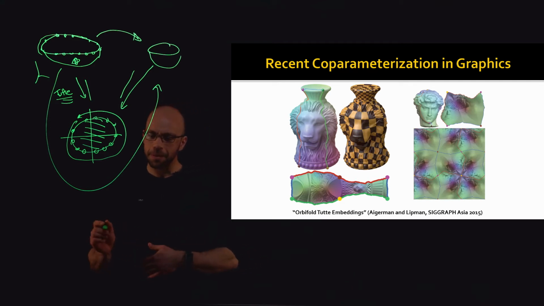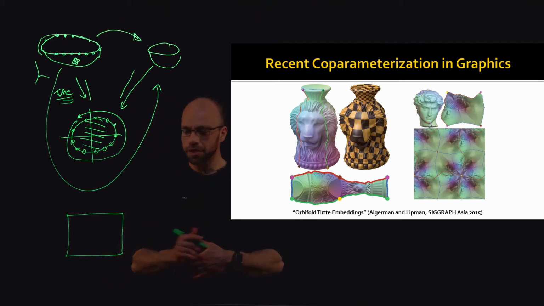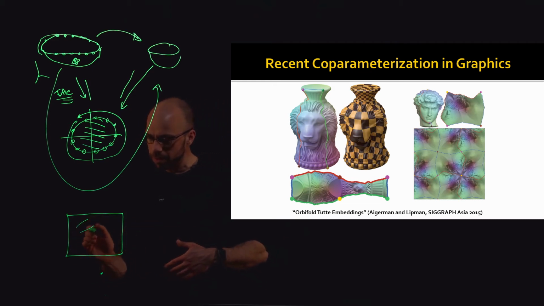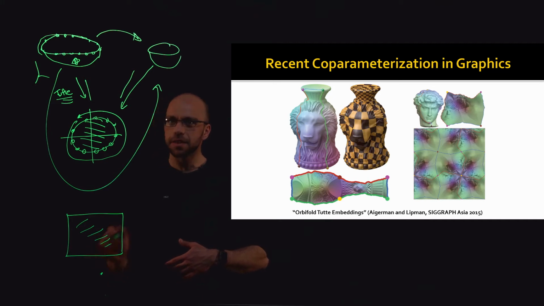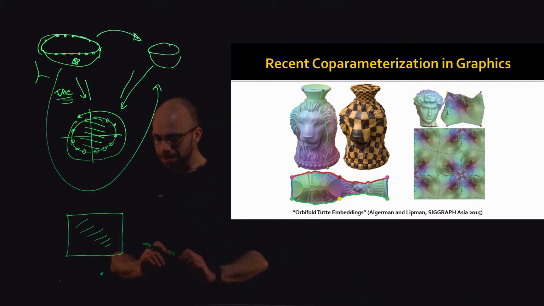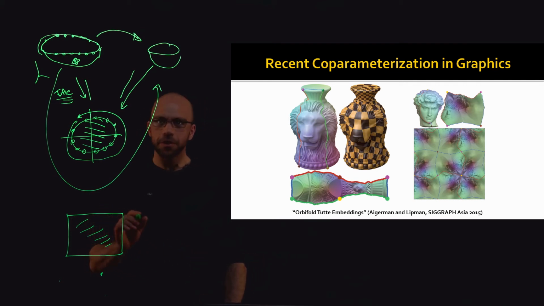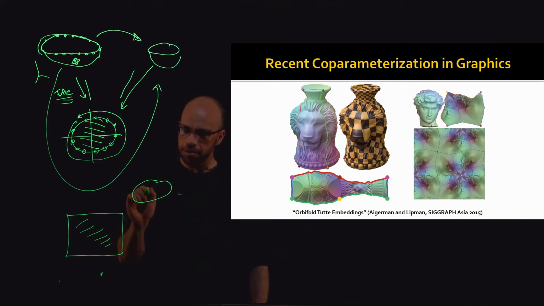So for example, here's one simple one. Let's say that I have a rectangle like this. And now I'm going to add boundary conditions. If I think of this as some region in the plane, and I just ignore all of the space outside of the rectangle, then in topology, we can do some really crazy stuff. Like we can glue things to each other. So for example, let's say that I want to construct a torus, like a donut.